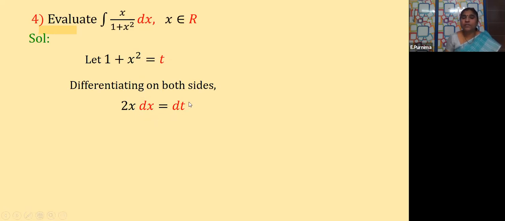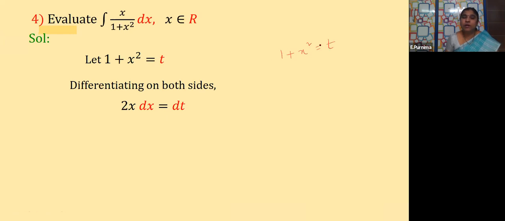We did differentiation like this in first year, or not? So how did we get this? Let me explain you here, children. What is our function here? 1 plus x square is equal to t.